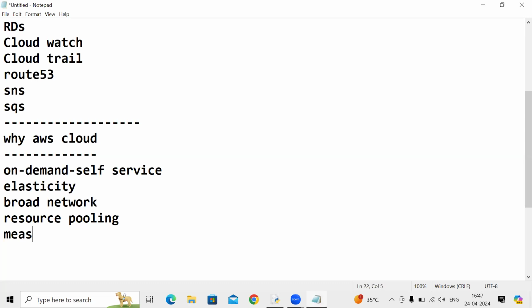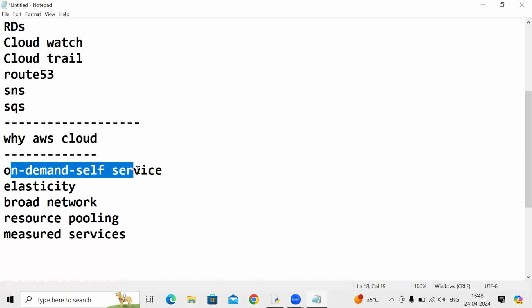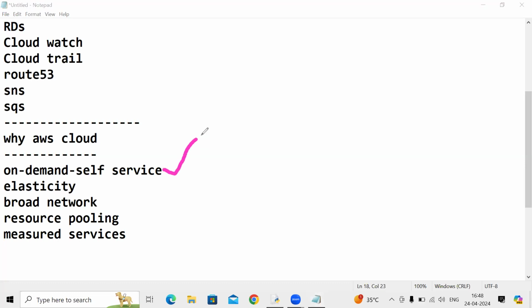And one more advantage is measured services. At first I explained on-demand self-service, where we pay the amount to AWS based on time and usage.